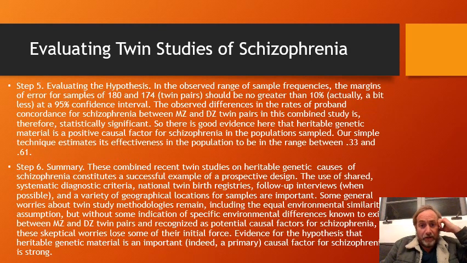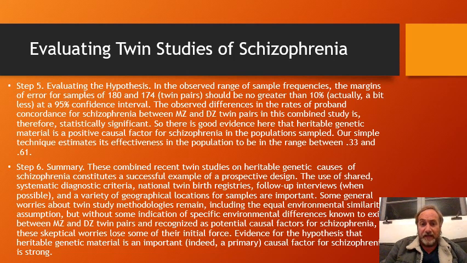Okay, so how do we evaluate this? Well, samples of 180 and 174 for the MZ and DZ twin pairs. So margin of error no more than 10%, probably a little bit less actually, at 95% confidence. The difference is pretty big, between like 47% and 4%. So a 10% margin of error is not going to create any overlap for sure.